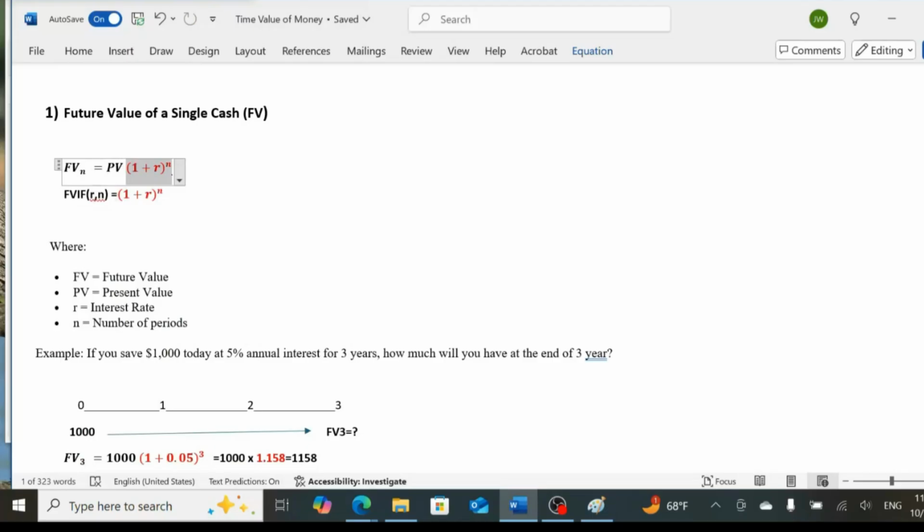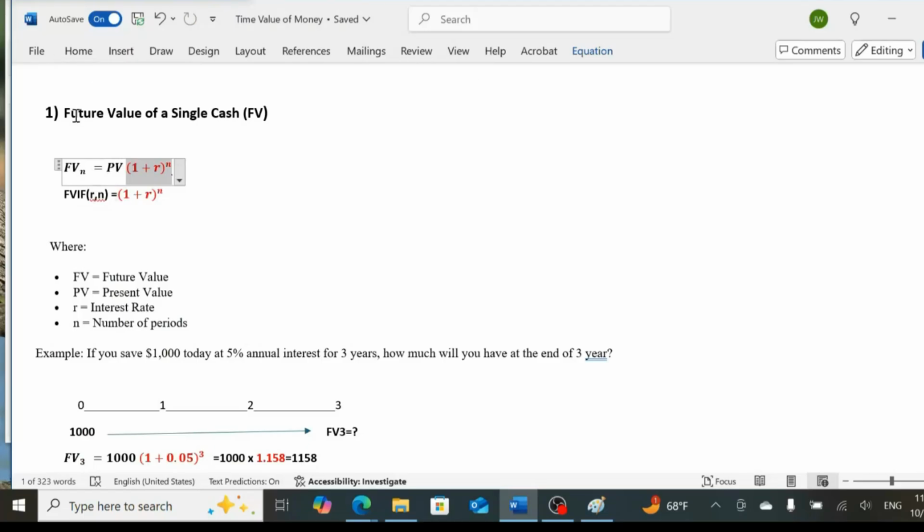You cannot compare the value without converting them into a common currency. The same thing is true for money occurring at different points in time. We cannot compare dollar for dollar. We need to find their equivalent amount at a common point.